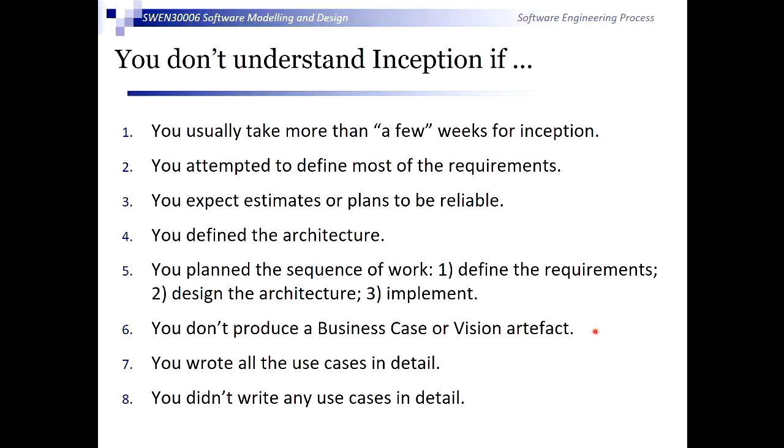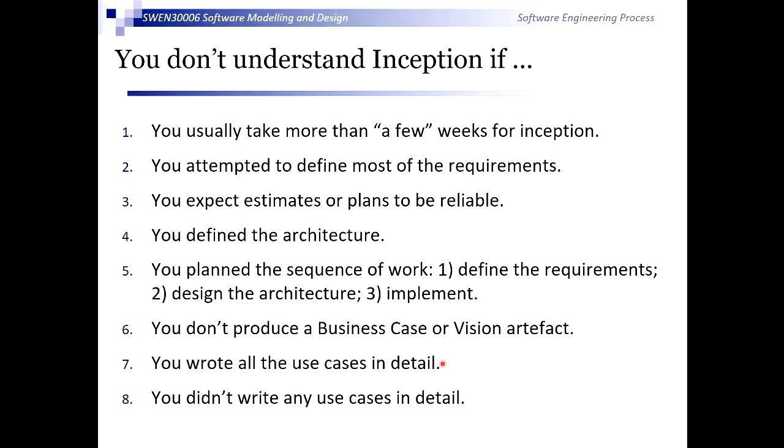If you get to the end of inception and you don't have a business case or a vision, then you certainly haven't understood what you're supposed to be doing in inception, because these are key elements for everything that follows. If you wrote all the use cases in detail, then, well, you've probably wasted your time because you really only wanted those critical ones.